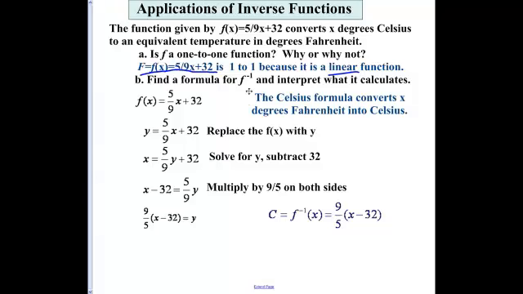And then if we find the inverse, and we interpret the inverse to be Celsius, we substitute y, we interchange x and y, and we solve in terms of y, and what we find out is that the inverse function is the Celsius formula. So that's how we derive degrees Celsius versus degrees Fahrenheit. It's a one-to-one function.